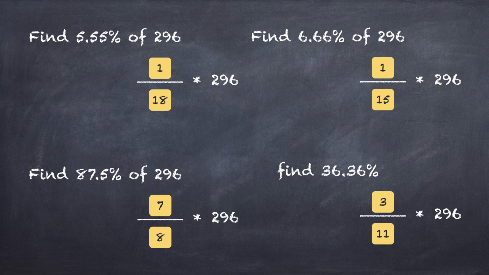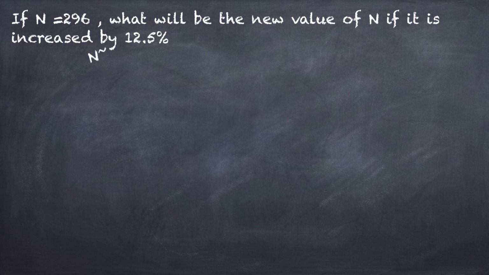Now we're also interested not only in finding percentages, but percentage increases and percentage decreases. So how will that work with multiplying factors? Let's say there is a number n, and I ask you to increase it by 12.5% and get to n dash. So it will result in a very basic equation. N dash is equal to n plus 12.5 by 100 of n.